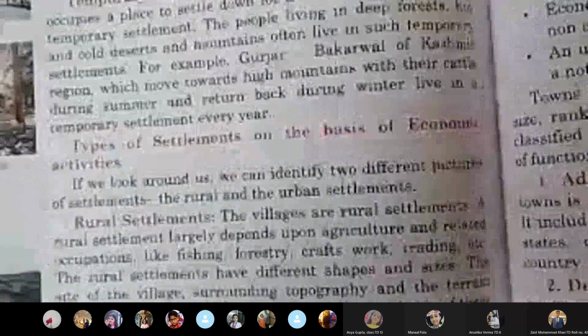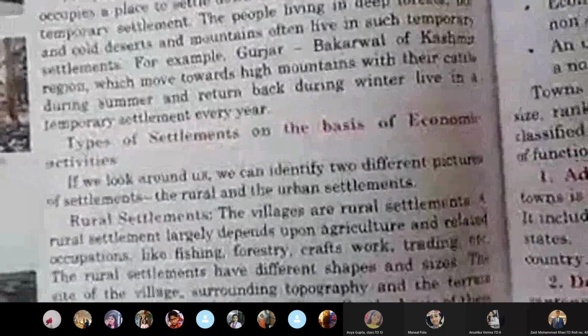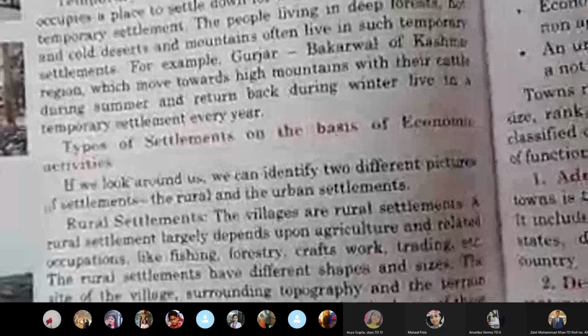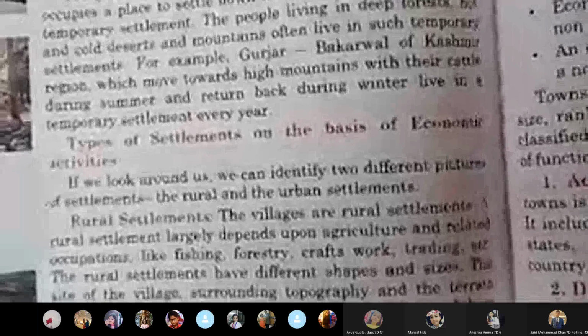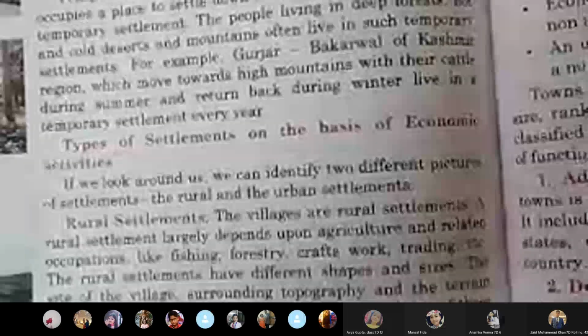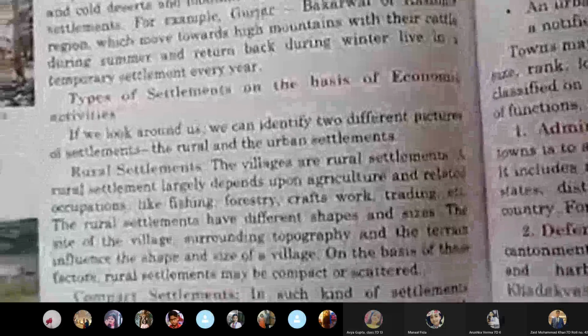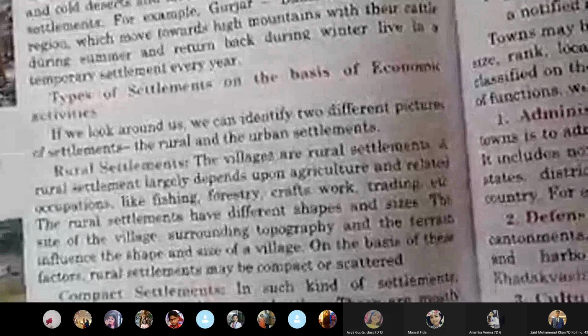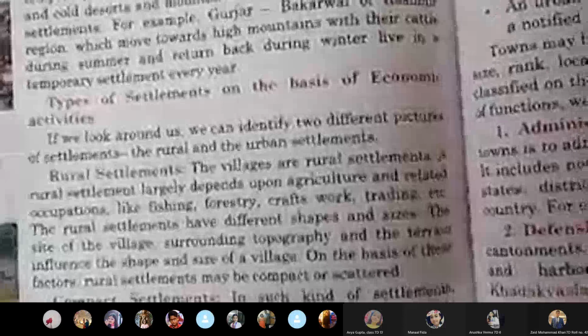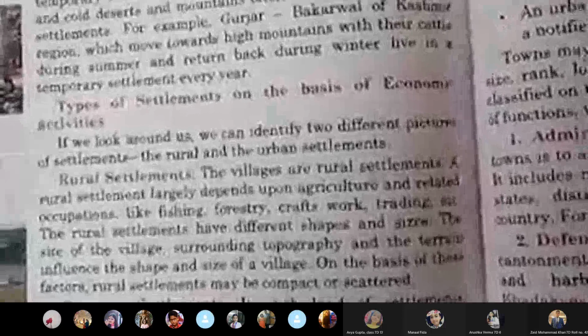Now, temporary settlements: when a group of people occupy a place to settle down for a short period of time, it is called a temporary settlement. The people living in deep forests, hot and cold deserts, and mountains often live in such temporary settlements.